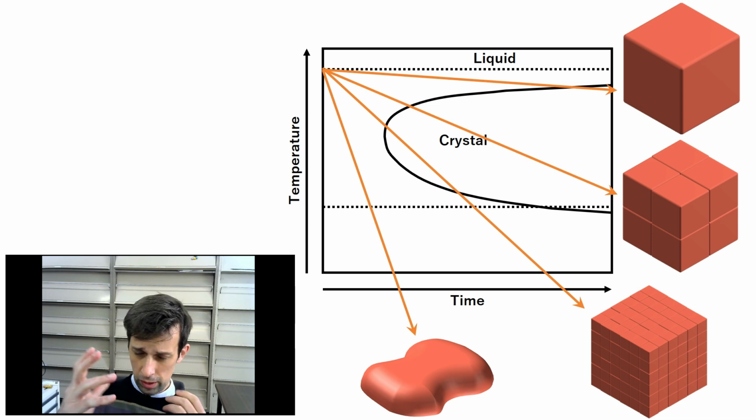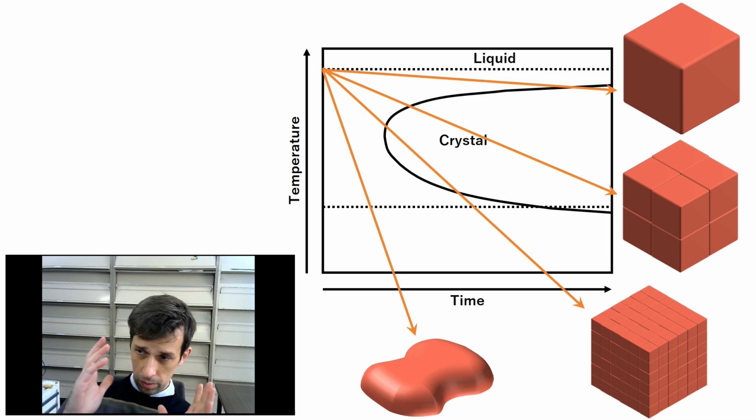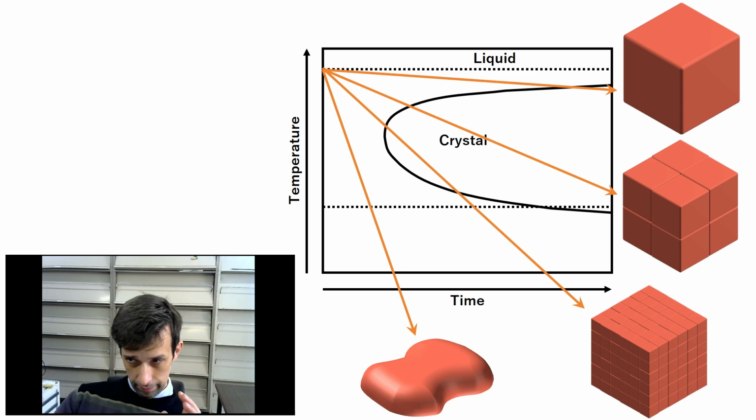Okay, so as you see in this graph, the cooling rate, the orange line of the amorphous materials, does not touch the crystalline region, the crystal region. So it means that it doesn't form, we don't have crystals inside of our amorphous material.